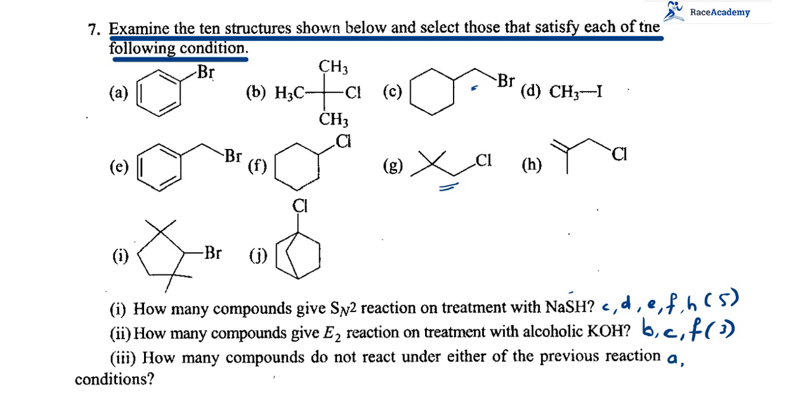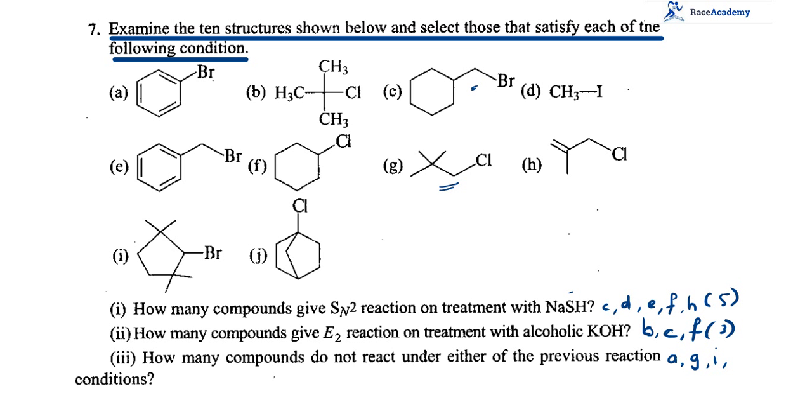The branch is there, because of bulkiness this is also not going to participate easily in either of the reactions. After that, if you see I, in this the bromine is highly hindered by these methyl groups on the ring, so it is also highly stable. It cannot participate in the reaction.